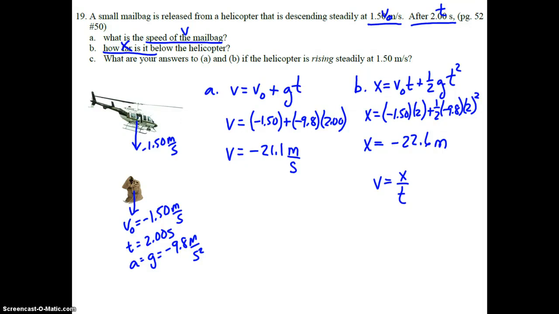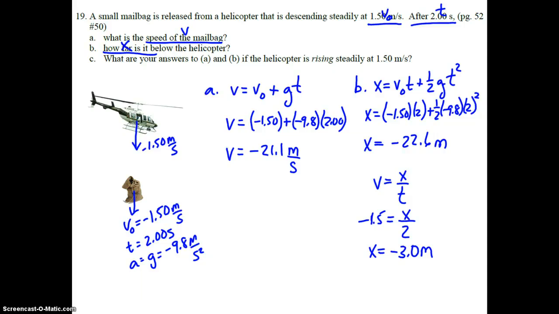It's descending at negative 1.5 meters per second for 2 seconds. So it has fallen 3 meters. It has descended 3 meters. Let's go back over to our diagram here.